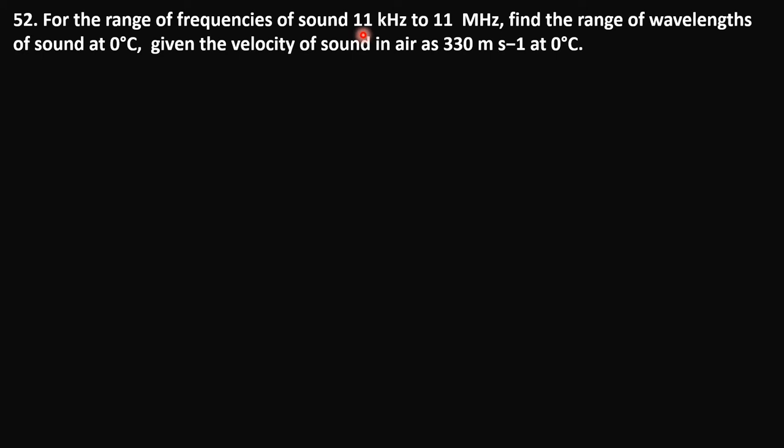Now you know the formula for velocity in terms of frequency and wavelength. You have given in this question the range of frequencies and you have to find out the range of wavelength. So assume that this is the initial frequency and this is the final frequency. Okay. So individually calculate the initial wavelength and final wavelength.